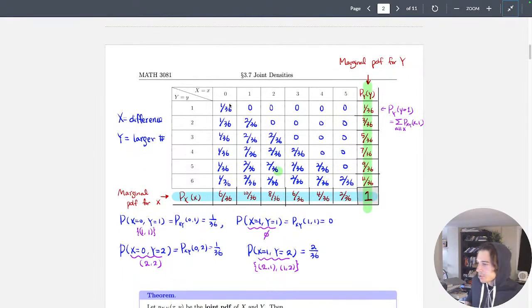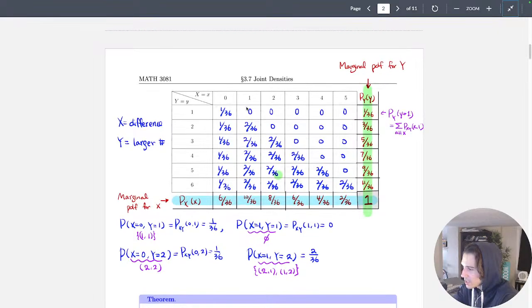Okay, we're gonna push through. So what's going on here? Why is it the case that x equals 0 and y equals 1, 1/36 of the time?